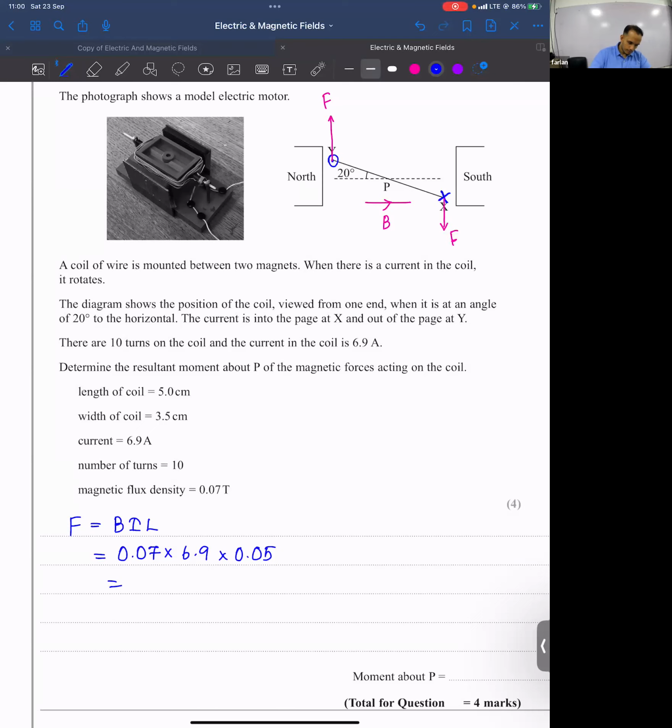That is 0.02415 Newton. Okay. So there are 10 turns, there are 10 of those. So if I take the F total to be F into 10, which is 0.2415 Newton. Agree?